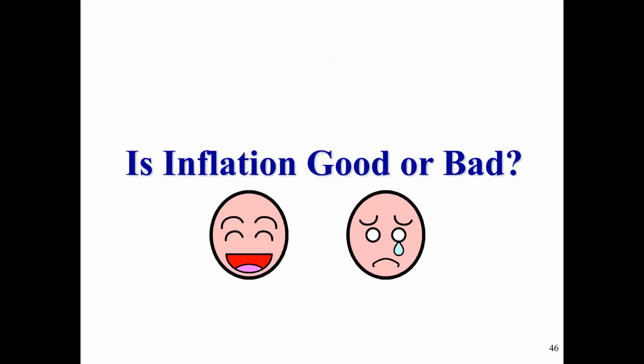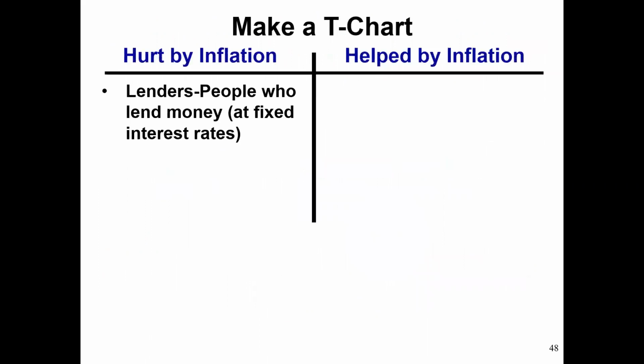Okay. Is inflation good or bad? It hurts people who lend money because they're getting back dollars that don't buy as much. People with fixed incomes are hurt by inflation. Obviously, deflation helps lenders and helps people with fixed incomes and savers.